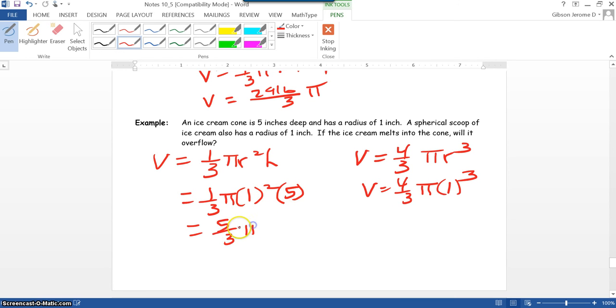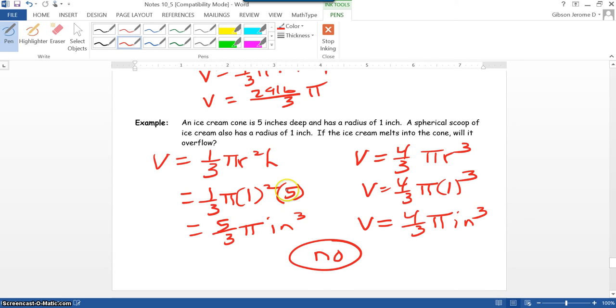So it'd be 5/3 pi. And then we would have here, this ended up being 4/3 pi. Now we know 5/3 is larger than 4/3. So this would be pi inches cubed. So we know that the answer will be no, because it's deeper. The volume here is more than what this ice cream would melt to be.